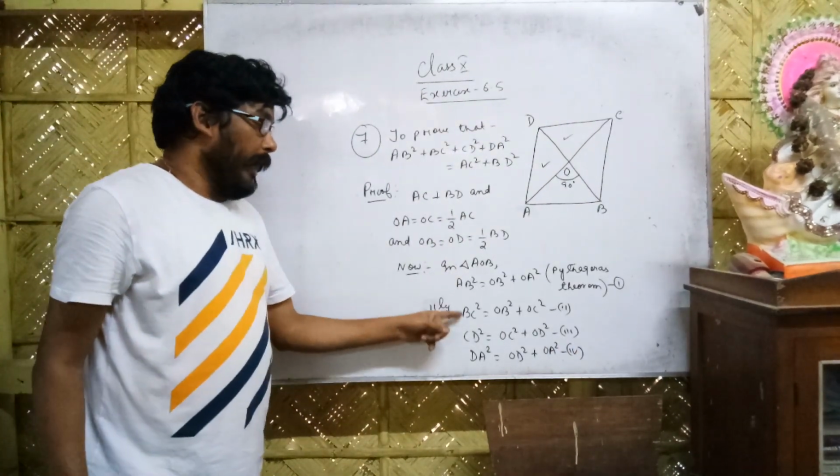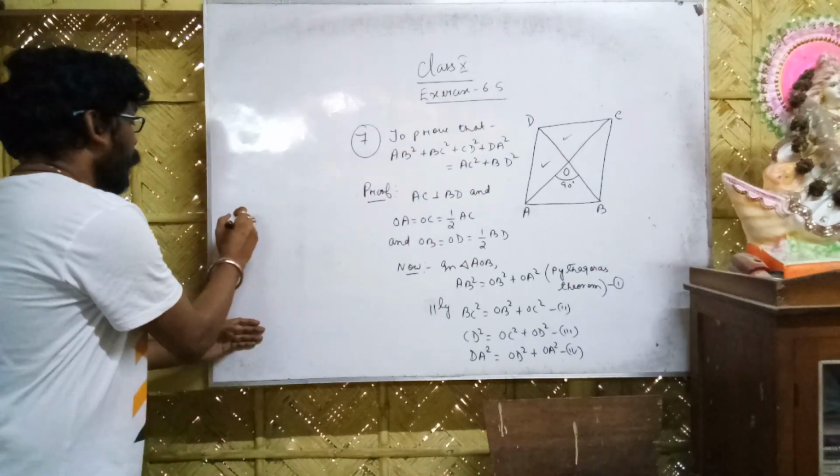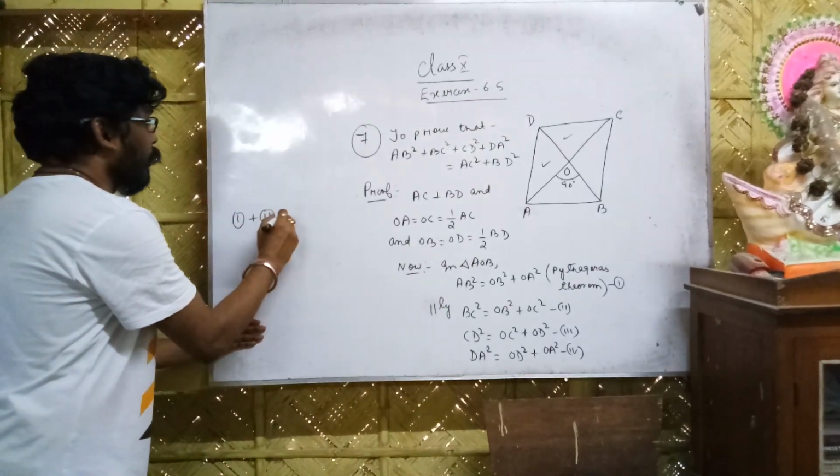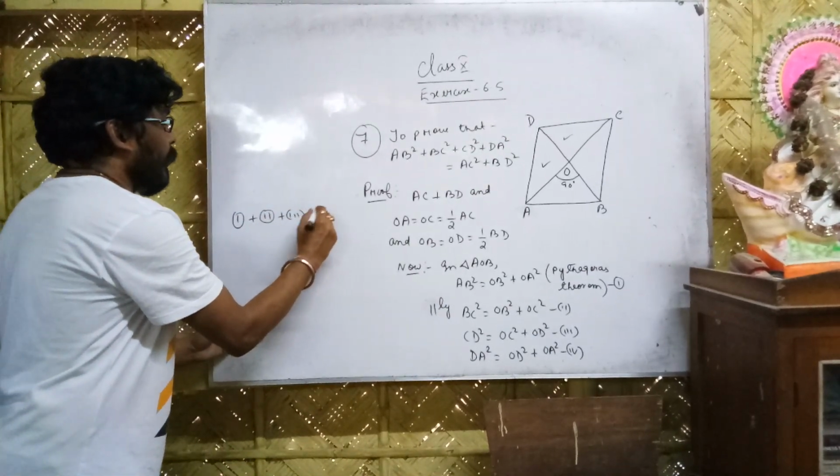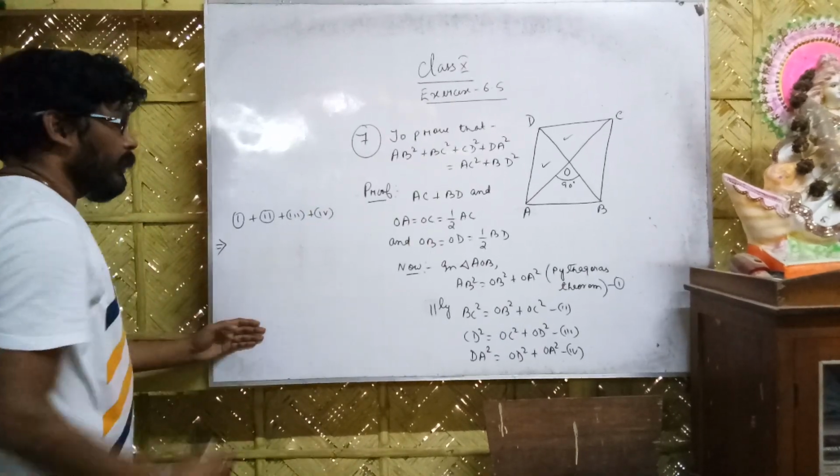Now what will we do? We will add up all these equations: equation 1 plus equation 2 plus equation 3 plus equation 4. So what can you write here?